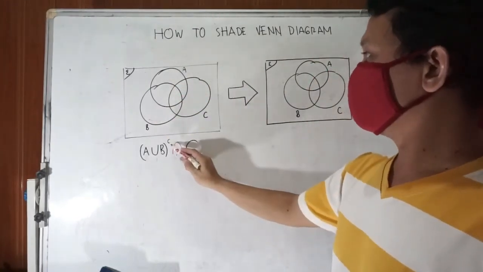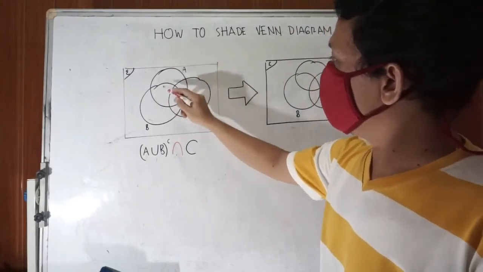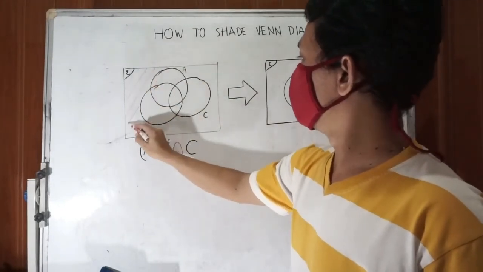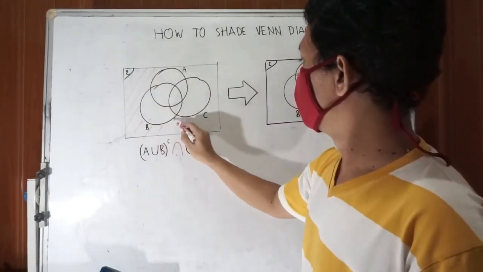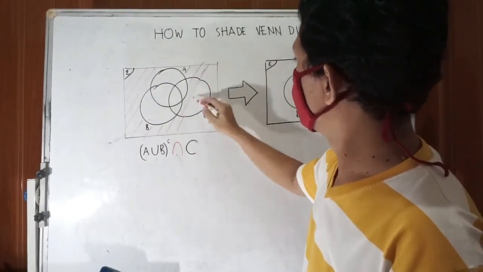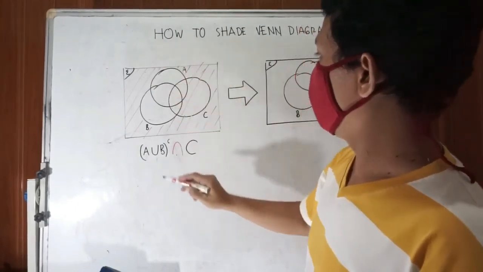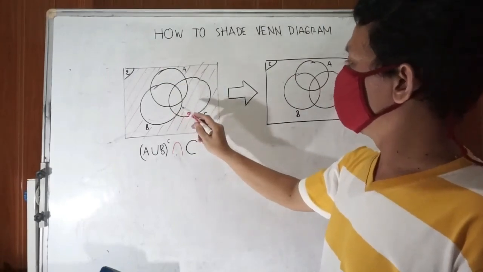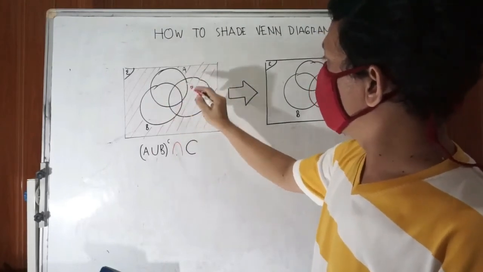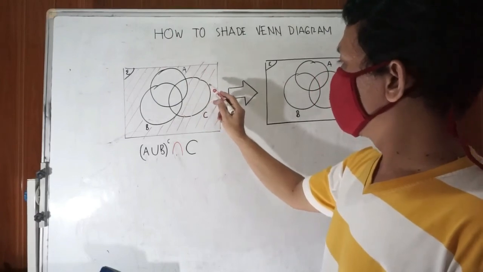But complement means outside of A union B, this is the area. Okay, this is the area of A union B complement. So the red area is A union B complement.